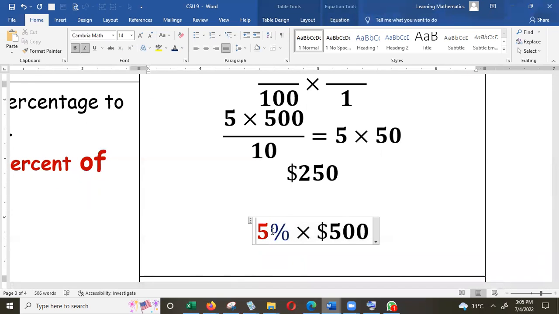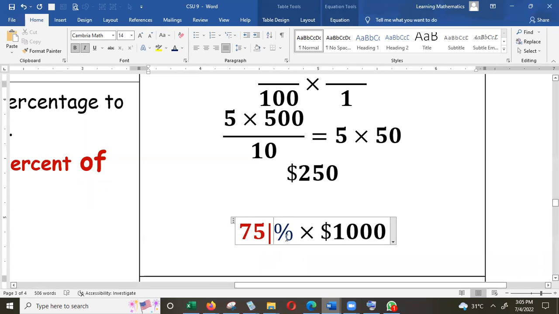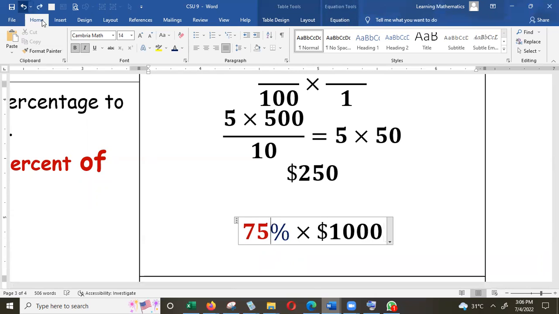Now, as we were saying, 75% is a fraction. 75 is the numerator, and the 1 and 2 zeros, this is 100 as the denominator. That's 75 over 100. All that's missing is the vertical line, 75 over 100. And then you proceed. Try this one out.